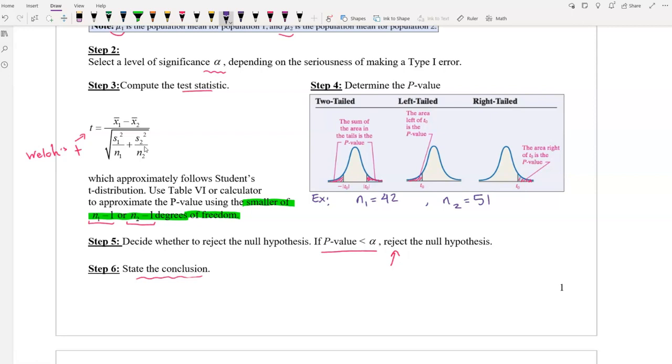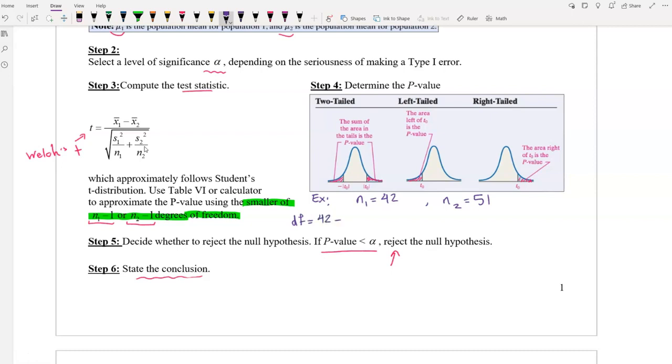We have to use the smaller sample size to find degree of freedom. Or we can say, find the degrees of freedom and then say which one is smaller. So use that one. Degree of freedom based on n equal to 42.